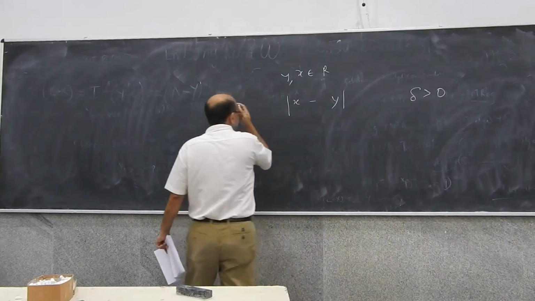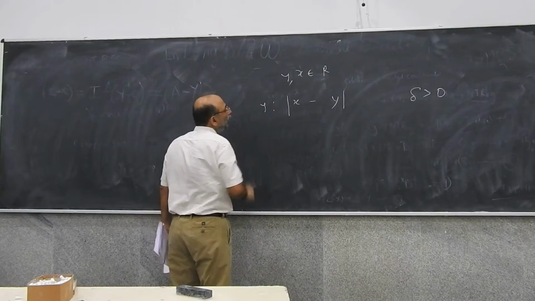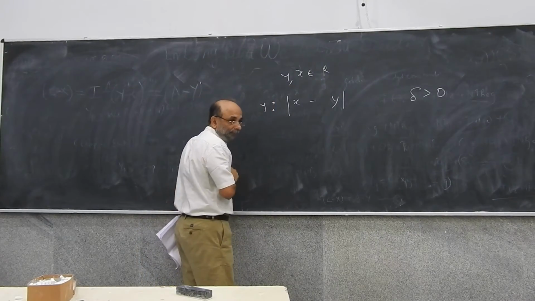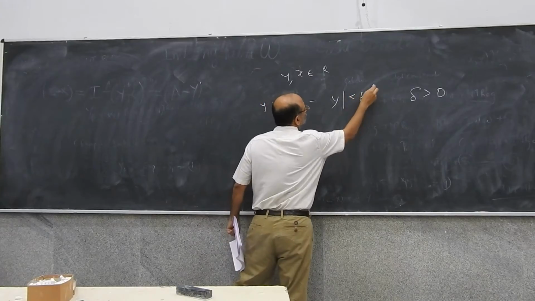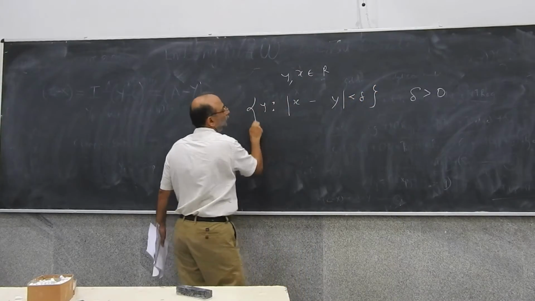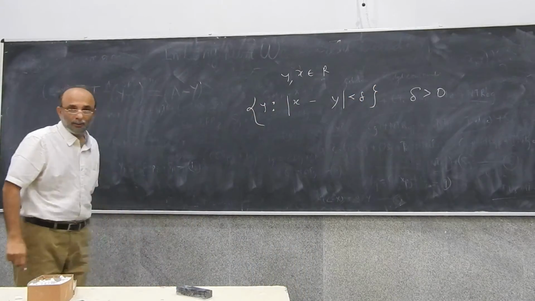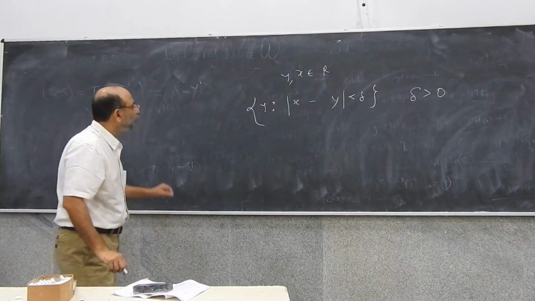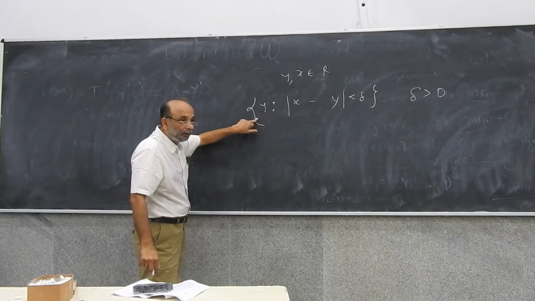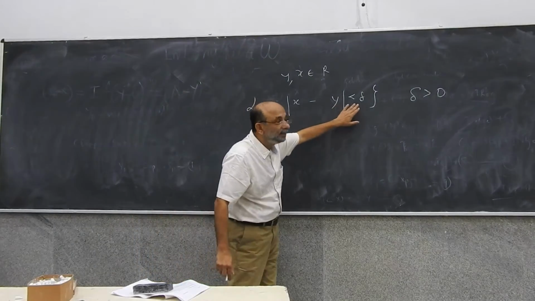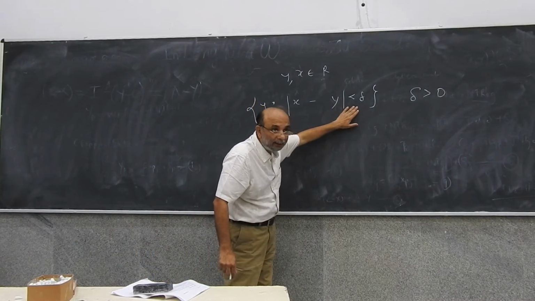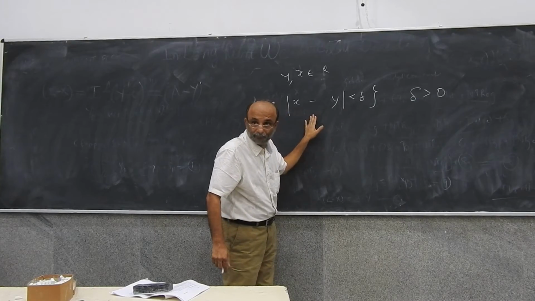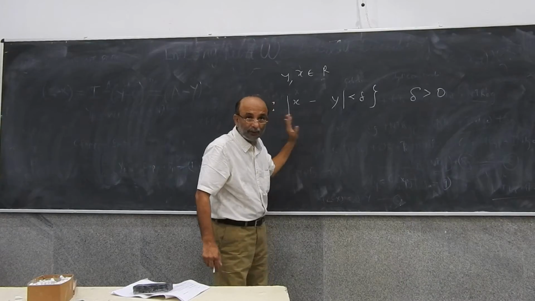You would write it as the set of all y's which satisfy the property. So how do you read this? This is the set of all y's which are at a distance less than delta from x. Okay, that's how you write the set.